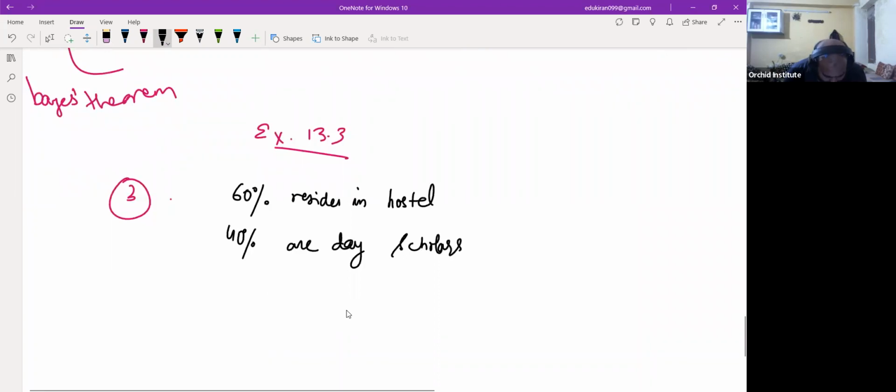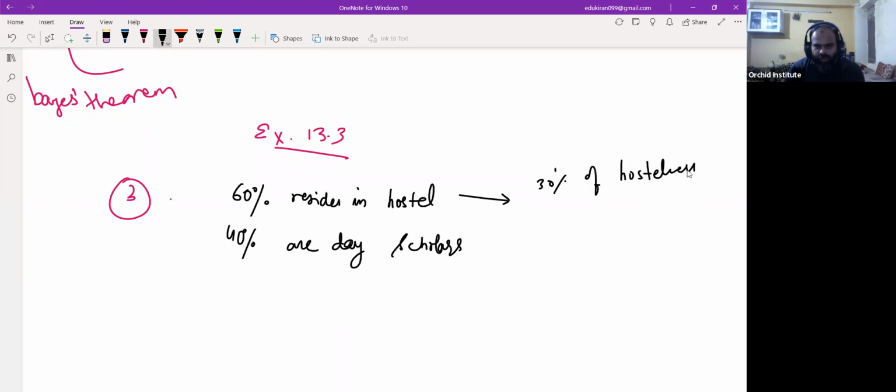Now, previous year results report that 30% of all students who reside in hostel attain A grade. So it is said that 30% of those who reside in hostel, 30% of hosteliers, get A grade.